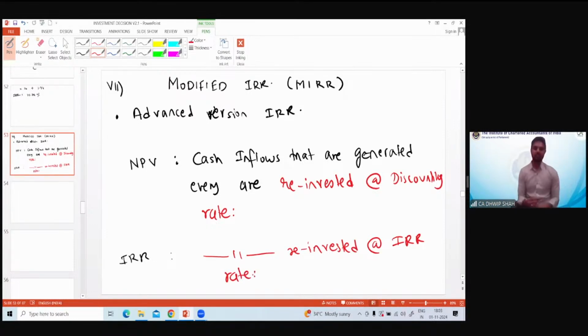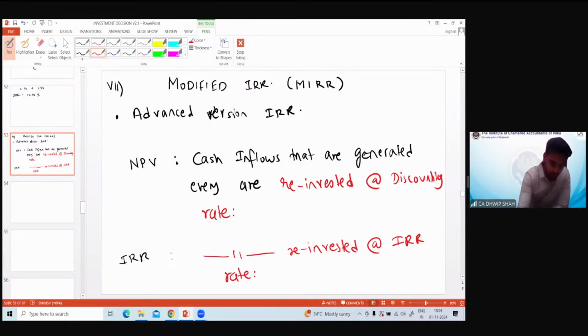Are you getting this? The cash inflows that the company earns each year from the project, obviously they will not keep in the pocket or in the bank account. They will reinvest those cash inflows. Are you getting this? So NPV's by default assumption is that it is always reinvested at the discounting rate, whereas IRR assumes that all the cash inflows generated are reinvested at the IRR rate.